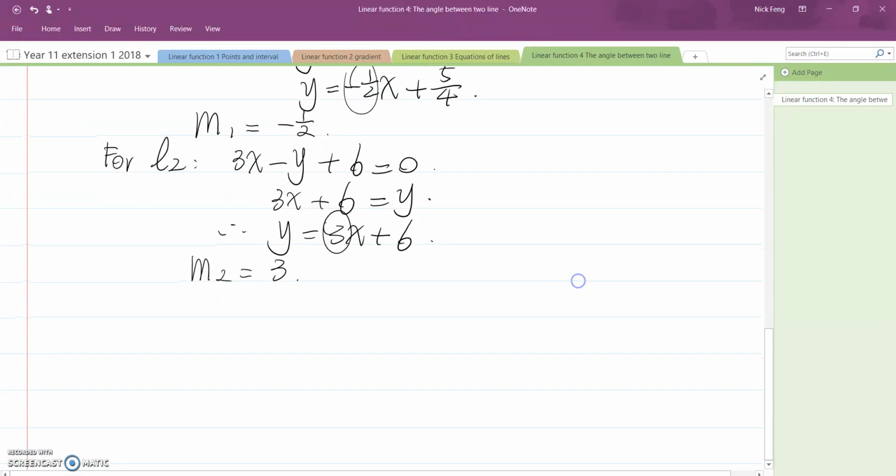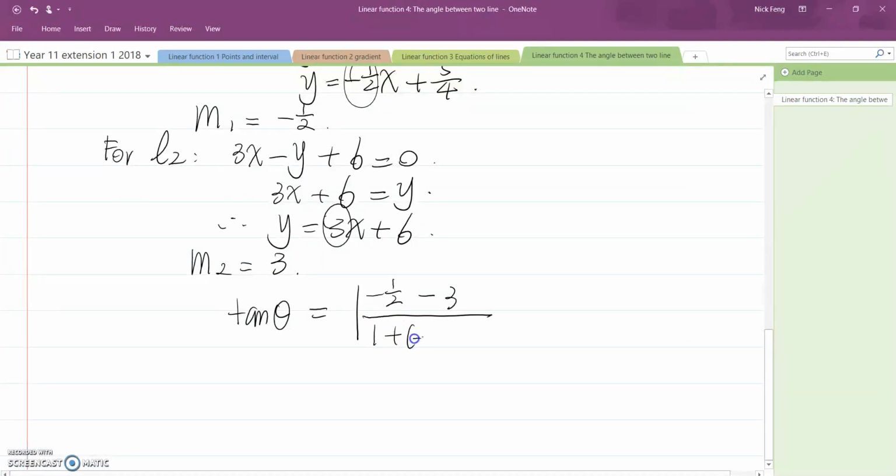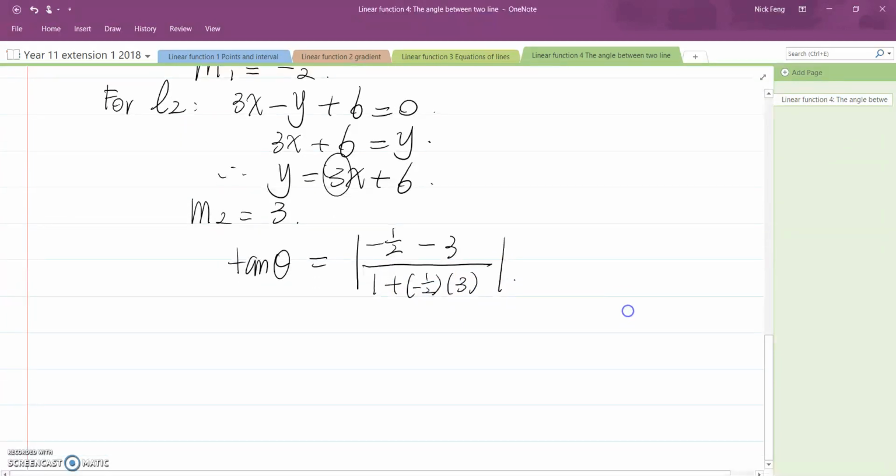So now we can actually put this into the formula. Tan theta equals the absolute value of negative half minus 3, over 1 plus negative half times 3. Okay, all you need to do is just put everything into the calculator. Now I am putting this into the calculator.